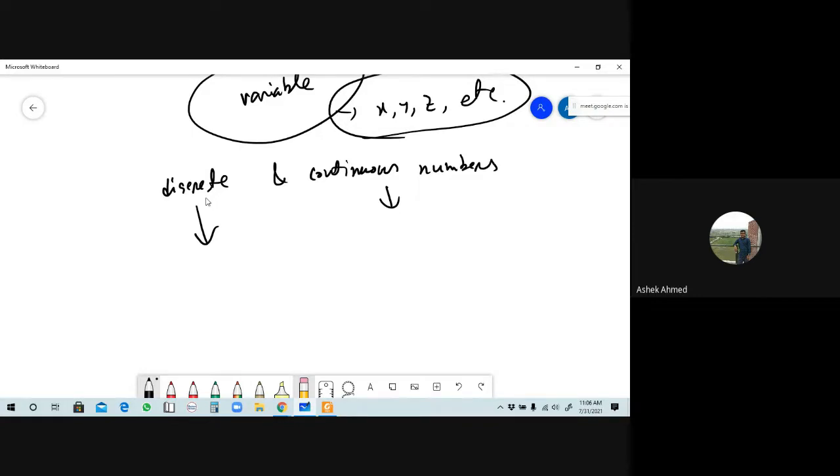Discrete means isolated value. We cannot take point values in between. For example 1, 2, 3, 4, 5, etc. This will be called here discrete number.